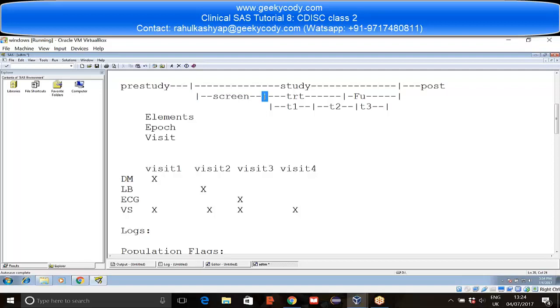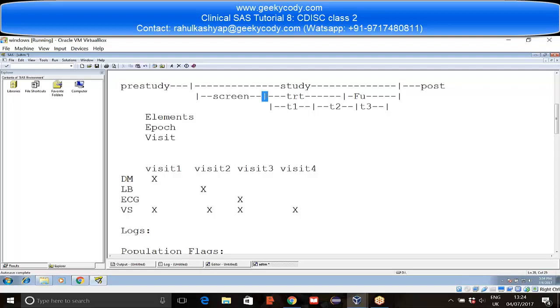What is the start rule for treatment? I'm saying just for an example. All these points will differ from study to study. To start or to end some element, they should have some point, right? To say, okay, here screening stopped, treatment started. When did they start?